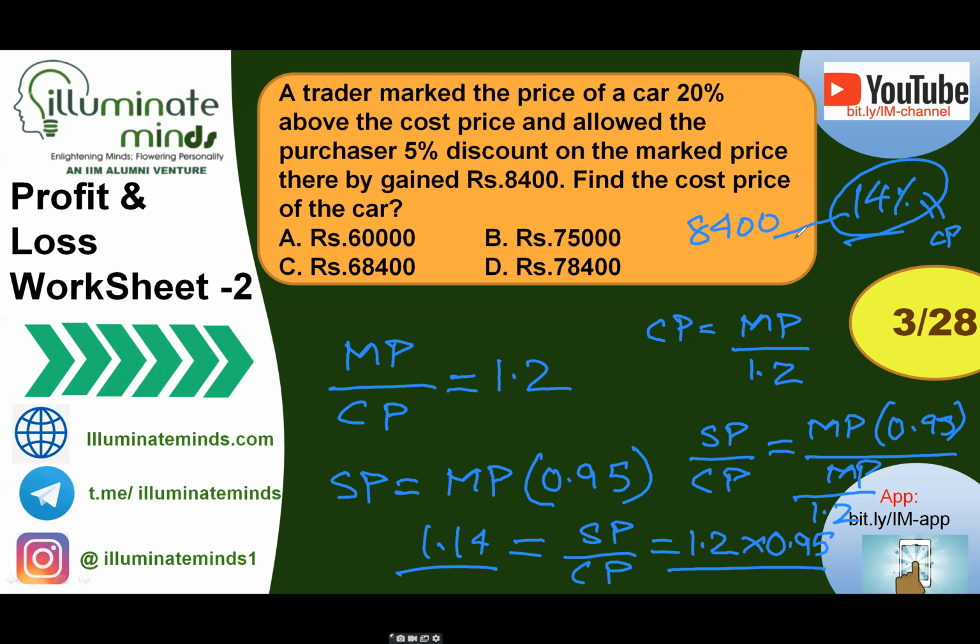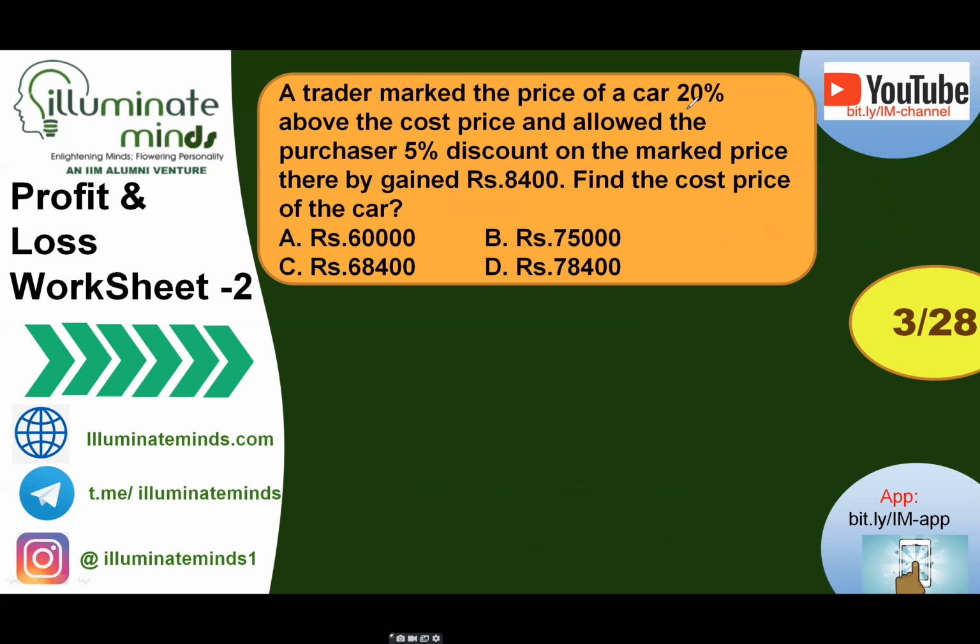So 14% of cost price is equivalent to 8,400. So 100% of cost price, which is the cost price itself, will be equal to how much? The answer will be 60,000 rupees. I hope this is okay, guys. So let's move to the next question.